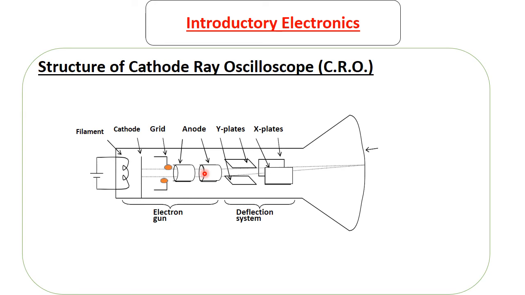Don't worry about how the cylindrical structure makes them do that. Just know that the job of this is, one, to focus the electrons so that all the electrons are closer, and they can produce the image that's supposed to be produced, and also to accelerate the electrons. So they focus and accelerate the electrons by the way they were designed. This is what the anode is going to do.